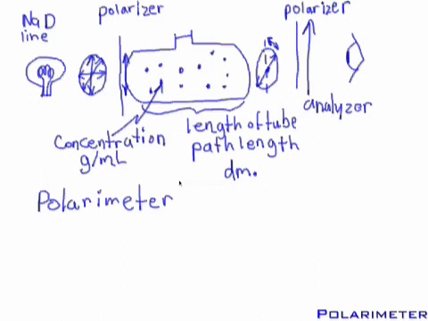The amount of rotation for the same enantiomer will be different because they have different concentrations and different path lengths. So even though observed rotations may differ, measurements taken with a polarimeter could be converted to a standard observed rotation.